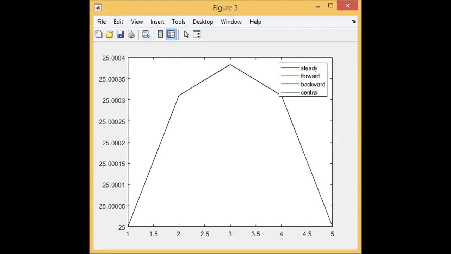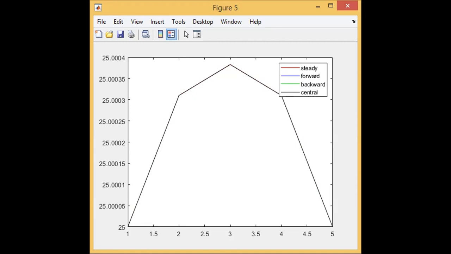So the end results have been drawn on top of one another. Therefore, you cannot differentiate between the 4 graphs. But otherwise, there are 4 graphs which are available. I can draw them one by one also, but that is hardly going to make any difference. So the program is working fine.